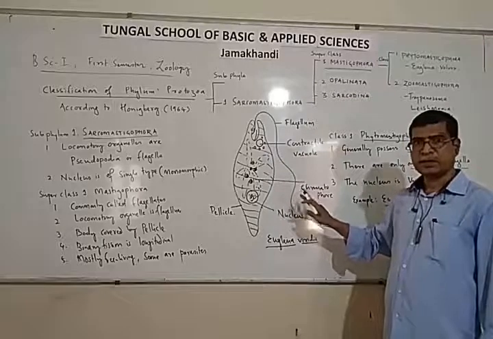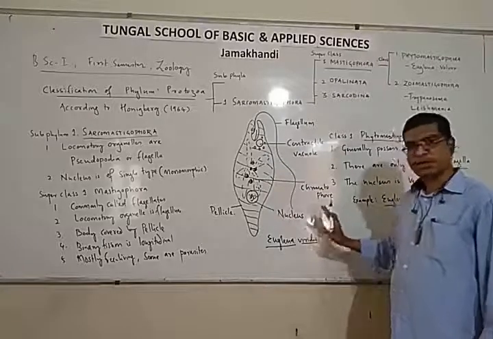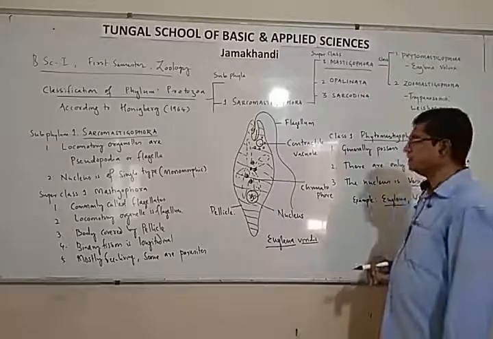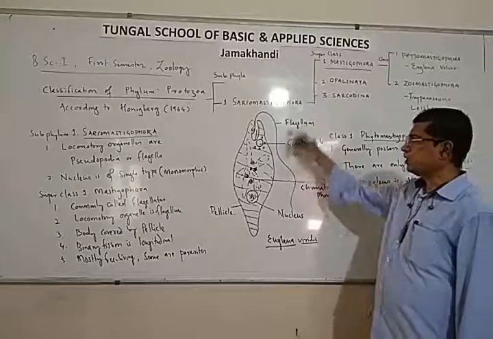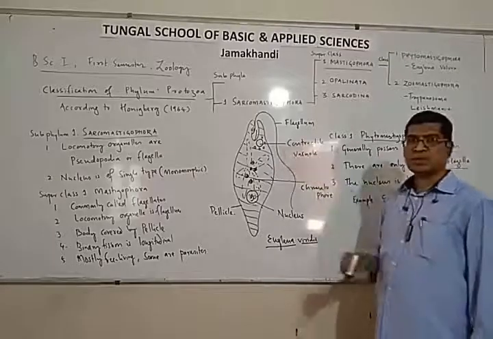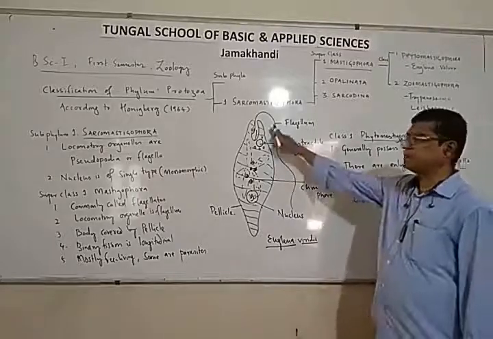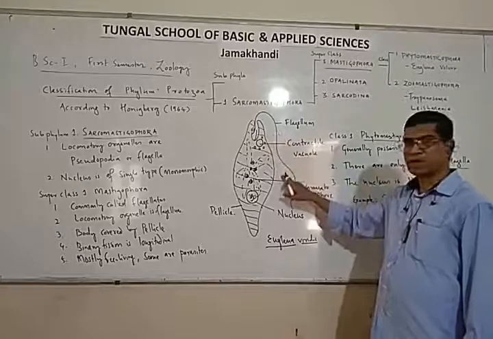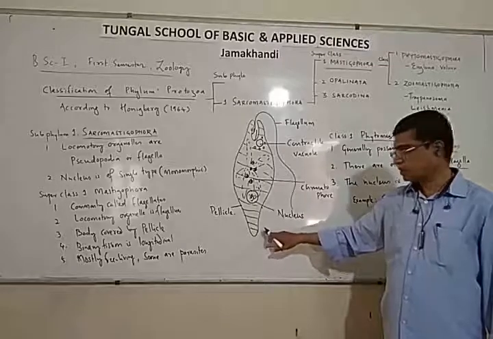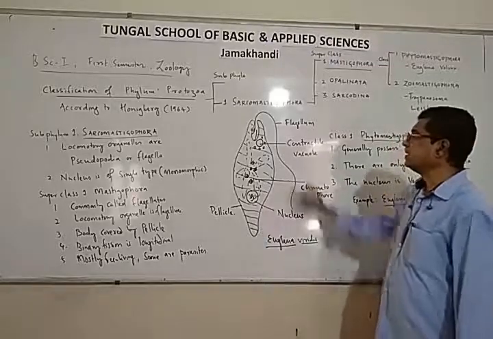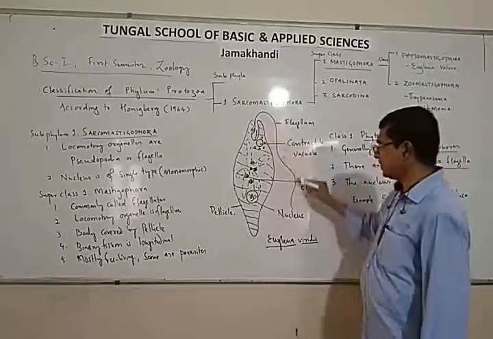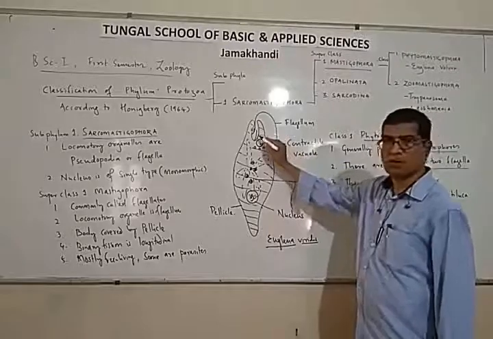It is usually present in freshwater bodies. Now the shape of the Euglena: it is spindle shaped, the anterior is blunt, the middle part is wider, and the posterior end is pointed. It has two flagella, one very long and another small.